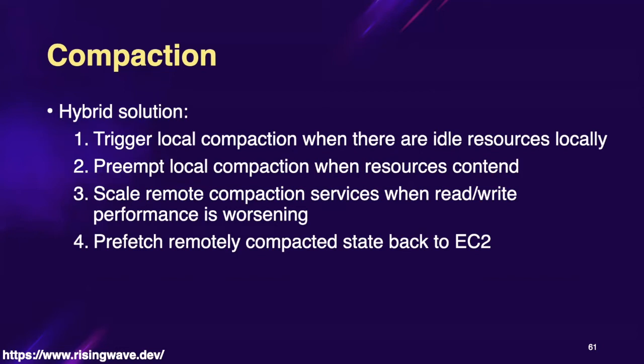And then if the stream processing needs more resources, then we just preempt these local compactions, and we move them to remote compaction services, right? And this remote compaction service is really easy to scale. You can just trigger as many services as you want.